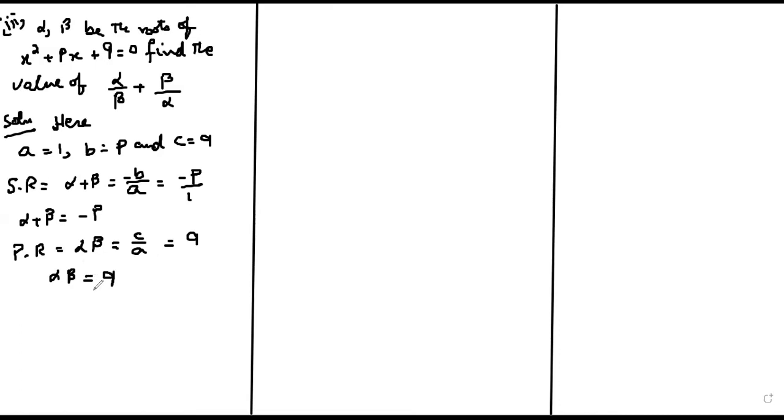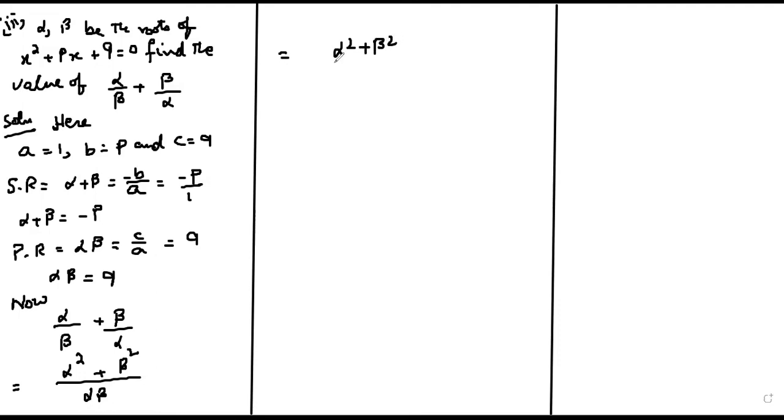Right? So now we have to find the value of alpha over beta plus beta over alpha, right? So just taking the LCM alpha beta, this will become alpha square plus beta square over alpha beta, right? We can say it is 1 over alpha beta times alpha square plus beta square.